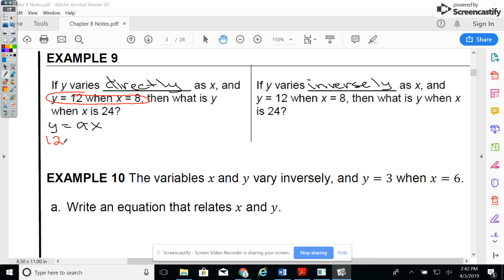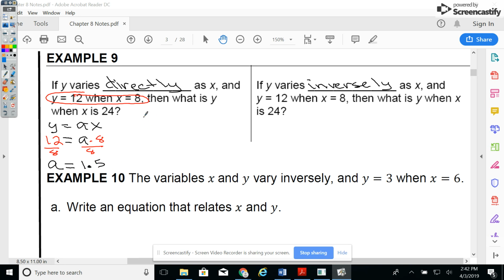So we would do 12 equals a times the 8. And in order for us to solve for a, we divide 8 by both sides. So a equals 12 divided by 8, which is 1.5. Or you can write it as 3/2, however you want to write it.